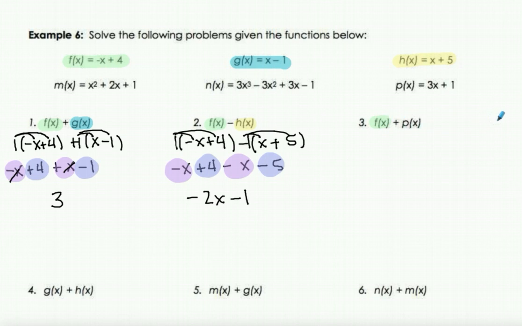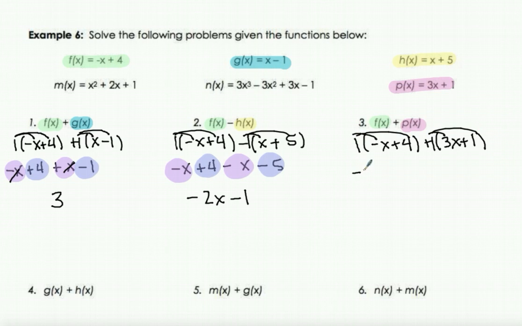For number 3, I've got f of x plus p of x. So I know f of x is negative x plus 4, and p of x is 3x plus 1. I put my ones out front and then distribute.